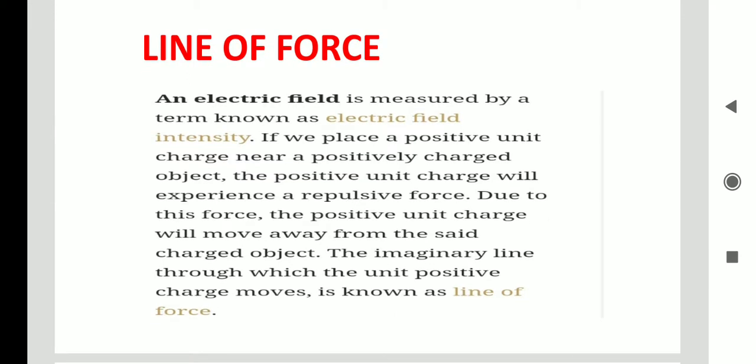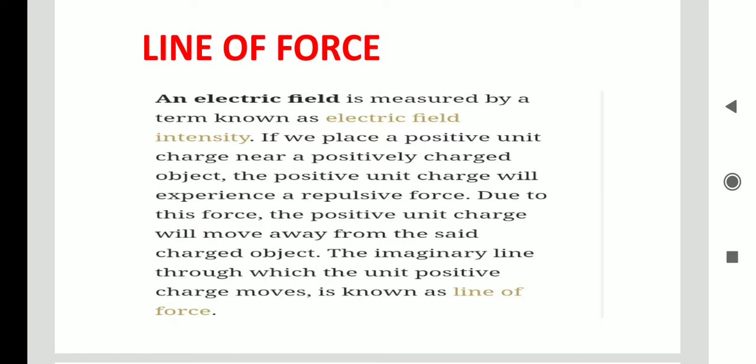When two positive bodies are kept closer to each other, there is a repulsive nature existing, and because of it a repulsive force exists. So the positive unit charge will move away from the charged object.